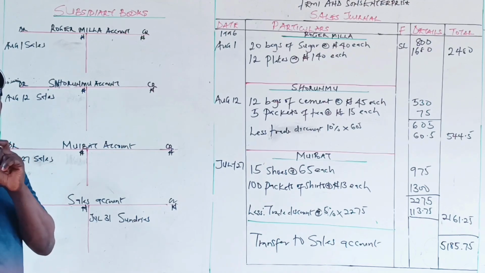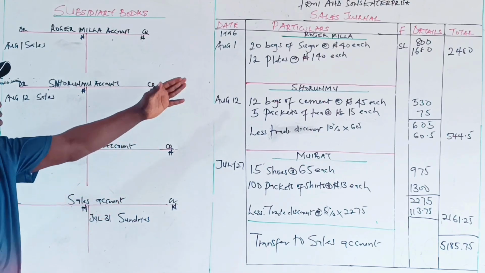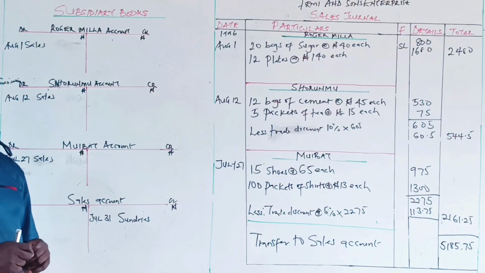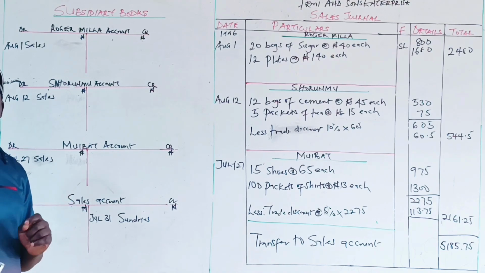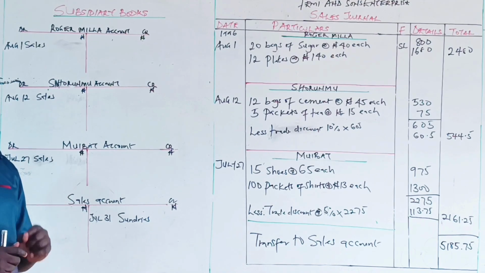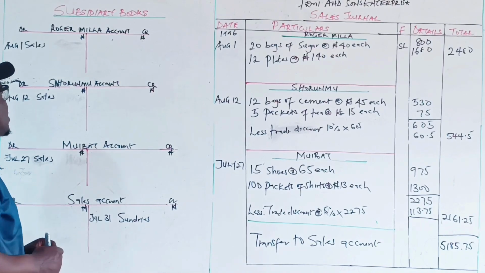This is very, very important for us today to note, because this is what you'll be using to post at the end of the preparation of your sales table. So you have to debit individual account and credit the sales account.